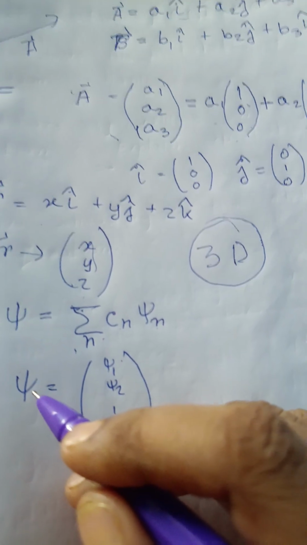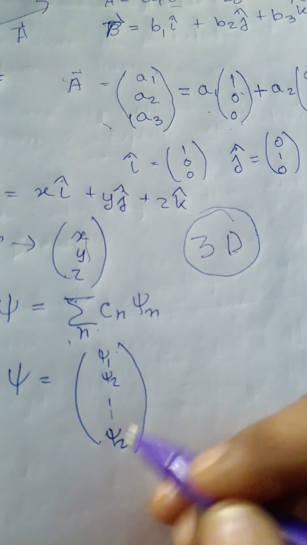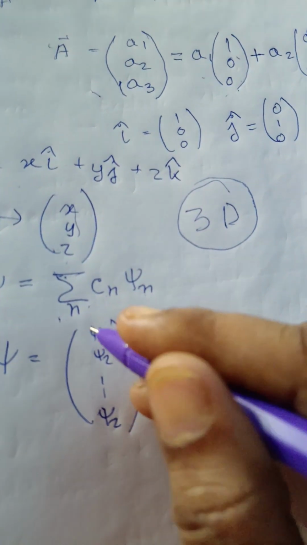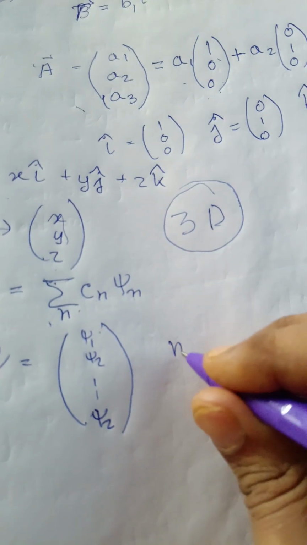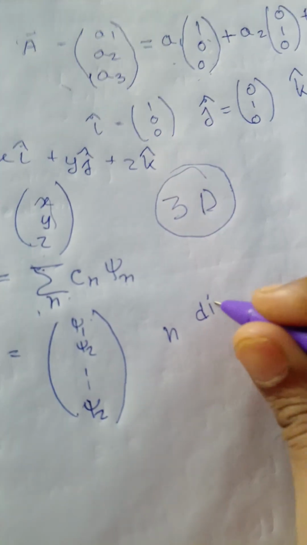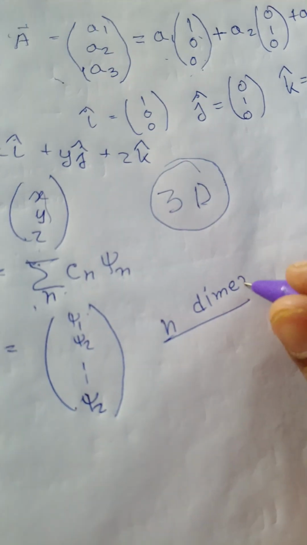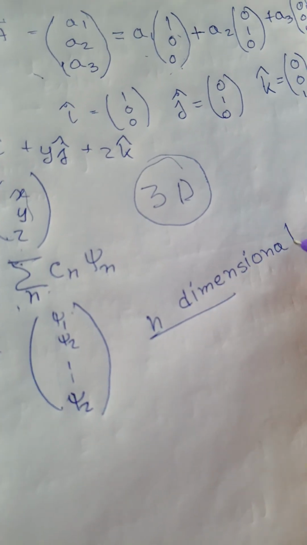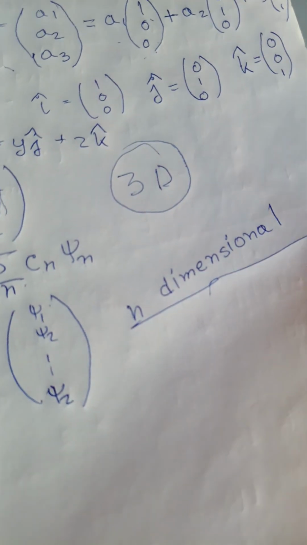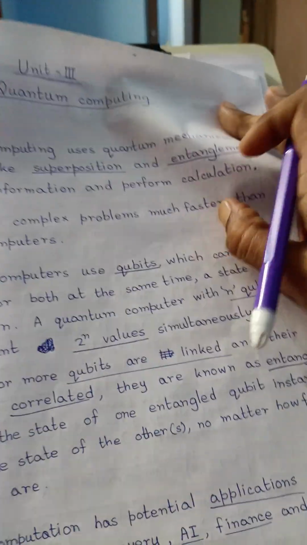So, in a quantum system, we can have n number of linearly independent components. So, they will correspond to a vector in n dimensions, an n-dimensional vector system. This thing we have briefly written in the notes.